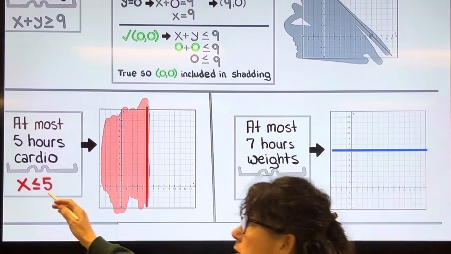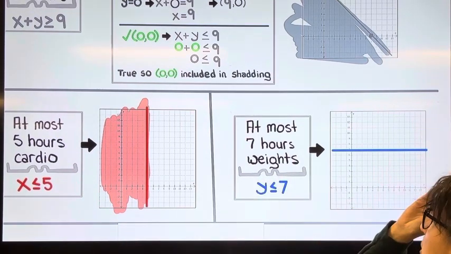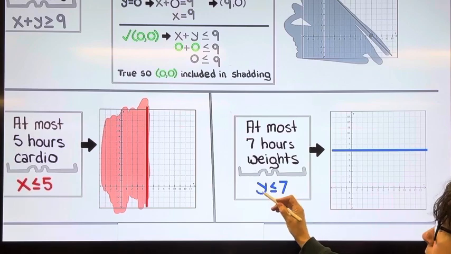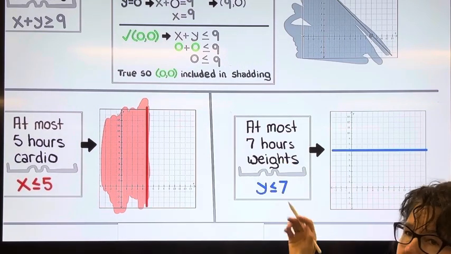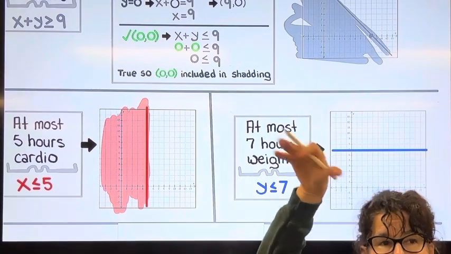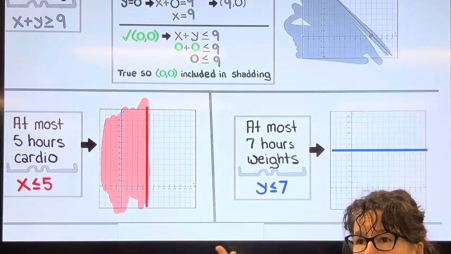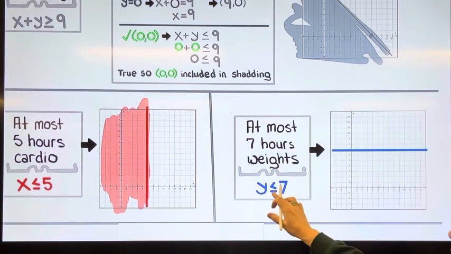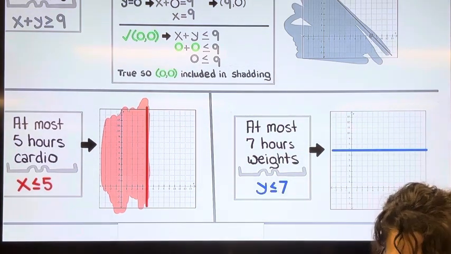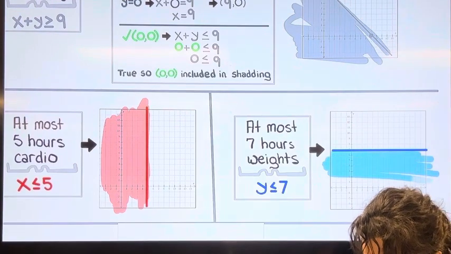Both of these are solid lines because they were underlined. If they weren't underlined, then it would be dashed. And then less than, on the y-axis, underneath is smaller and above is bigger. So if I want to shade for the less than, I'm going to go this way.